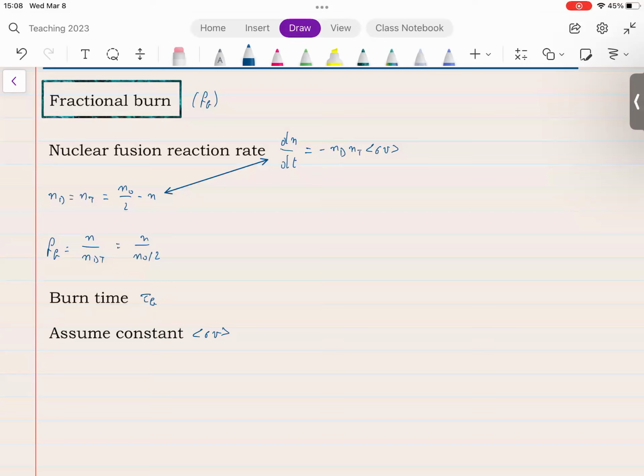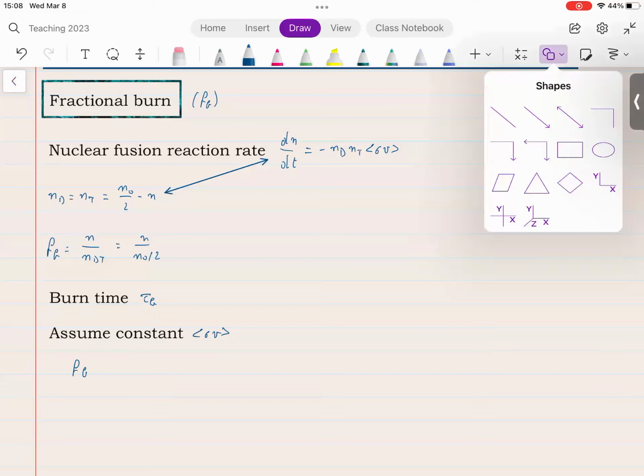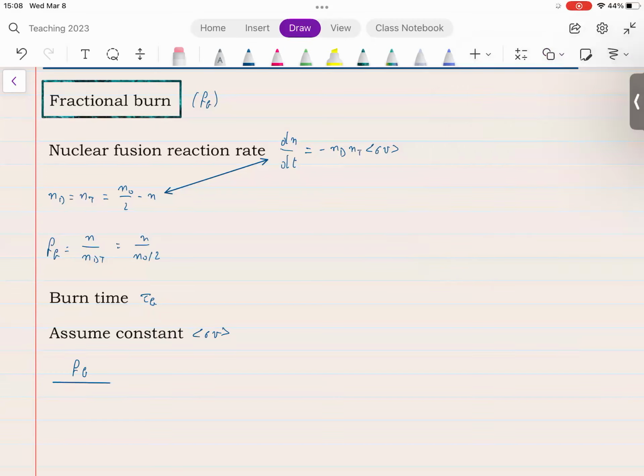And that gives me a burn fraction. So let me write an intermediate step: F_B divided by 1 minus F_B is going to be equal to N0 tau B divided by 2 times sigma V.